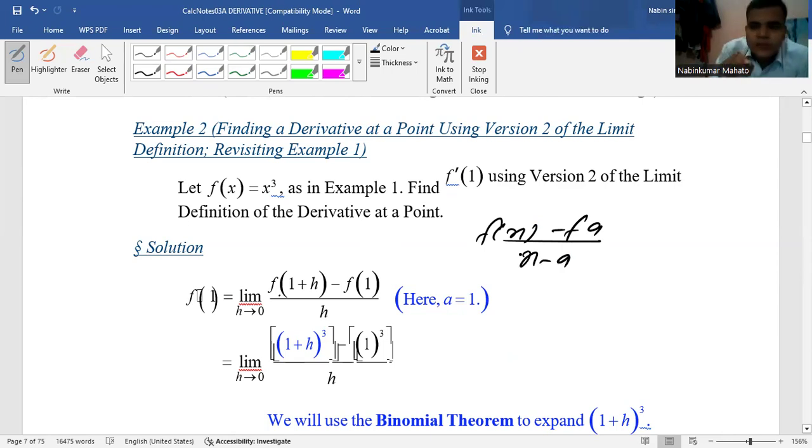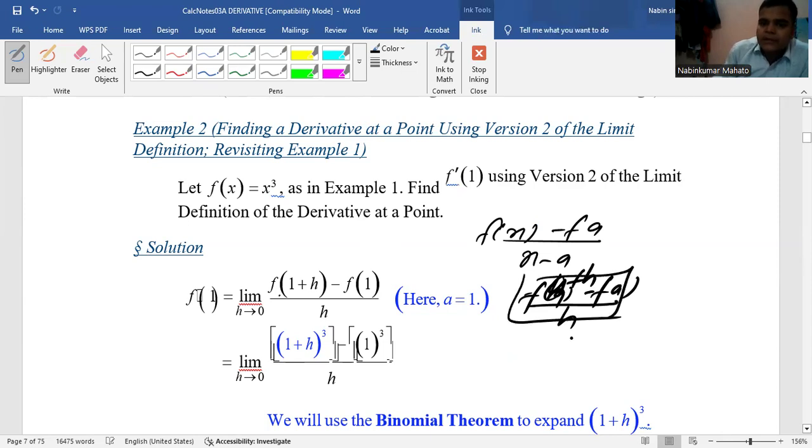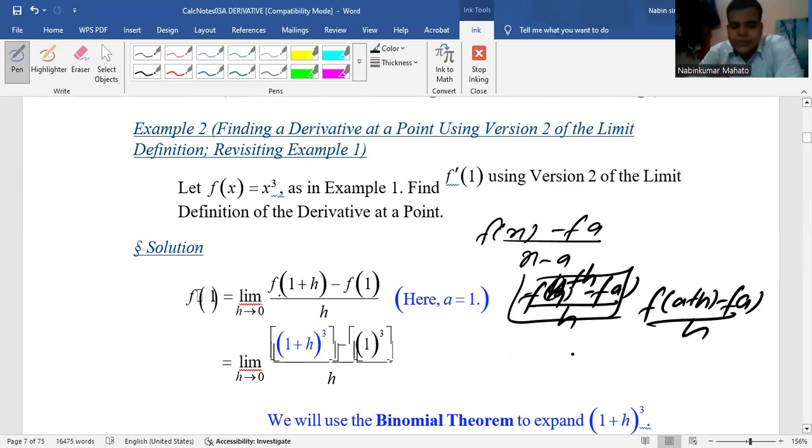But in these questions we are using (f(a plus h) minus f(a)) by h.